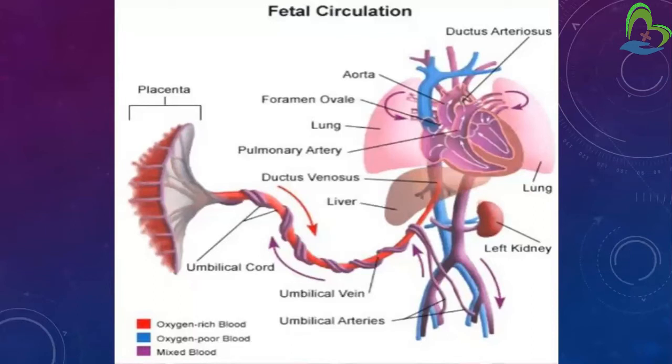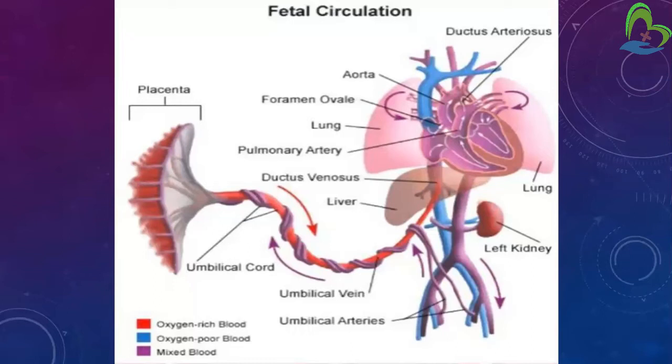Then finally, it comes to the internal iliac artery, that is the hypogastric artery. The hypogastric artery is formed from the descending aorta. The descending aorta is divided into two, the right and left iliac arteries, and these are again divided into internal and external iliac arteries, and the internal iliac artery comes out as the hypogastric artery.